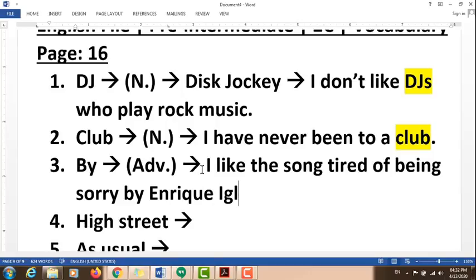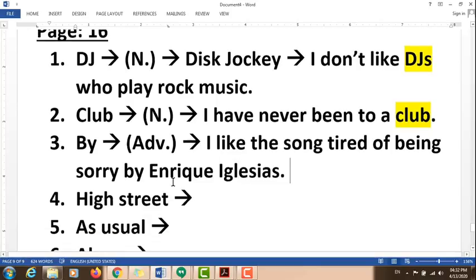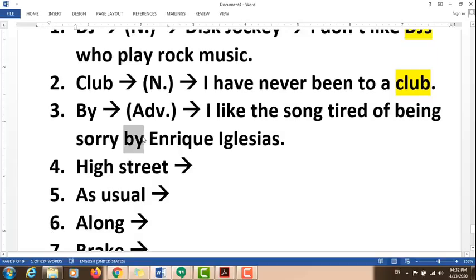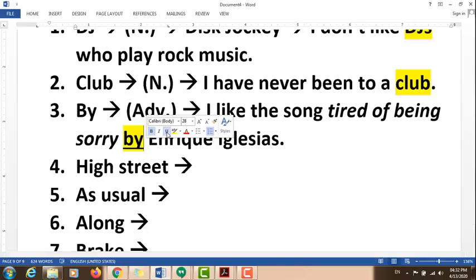All right, so what does it mean? Here it means که خوانده شده توسط. I like the song Tired of Being Sorry. این اسم آهنگ است. So I like the song Tired of Being Sorry by Enrique Iglesias. Okay, so here by means که توسط آن شخص خوانده شده.